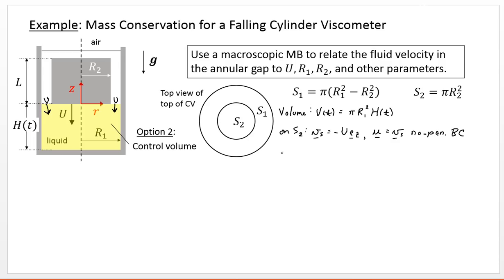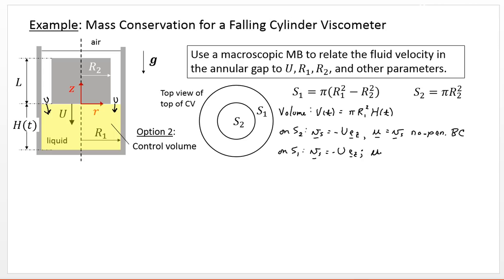Now on S1, Vs is also equal to minus U ez, because the entire top surface of our control volume is moving downward at the same velocity.